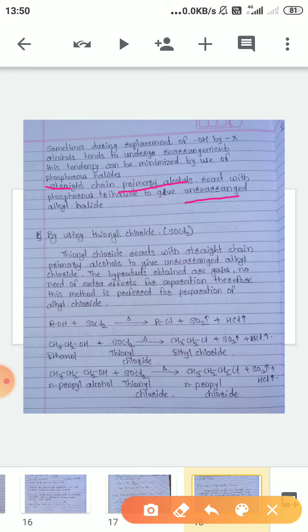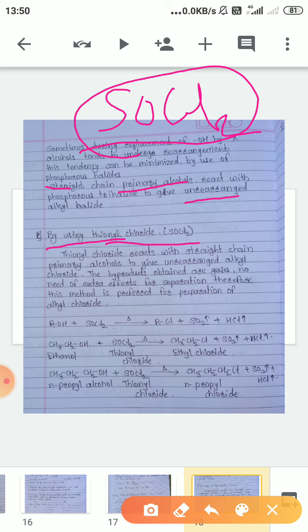Now the third method, by using thionyl chloride. Here you have to remember the molecular formula of thionyl chloride. Generally students forget this formula and they are unable to write the reaction for thionyl chloride, and this reaction has been asked frequently in the exams.